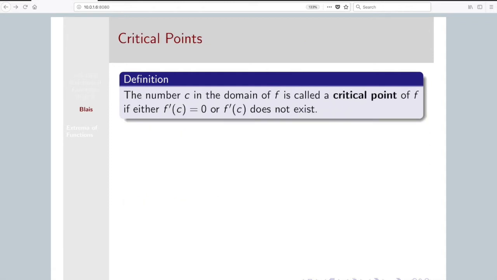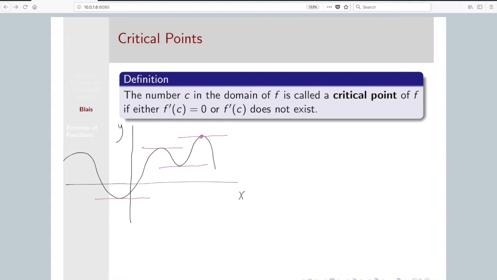Now that we have this idea of looking at a function, recall we had said points where the tangent line is horizontal give us the set of points where we could have local maximum values or local minimum values.